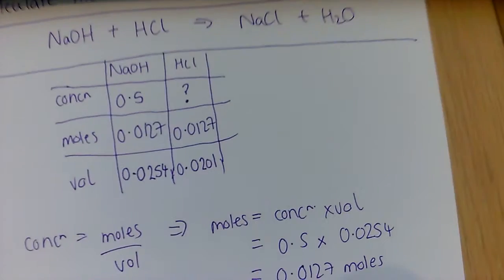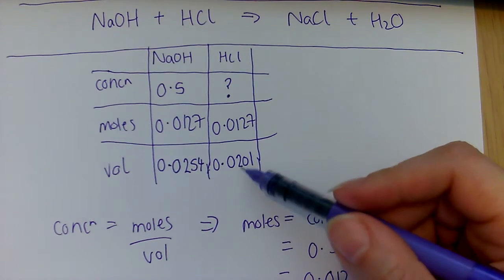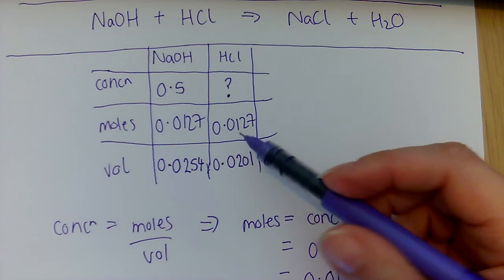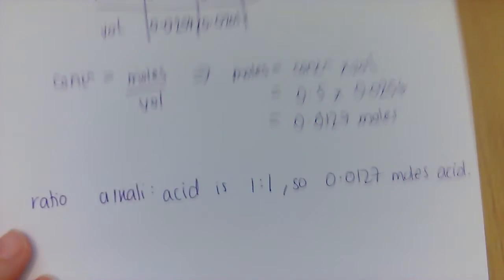Now hopefully you can see that I have a volume of acid and I've got a number of moles of acid, so I can now do the concentration of the acid.